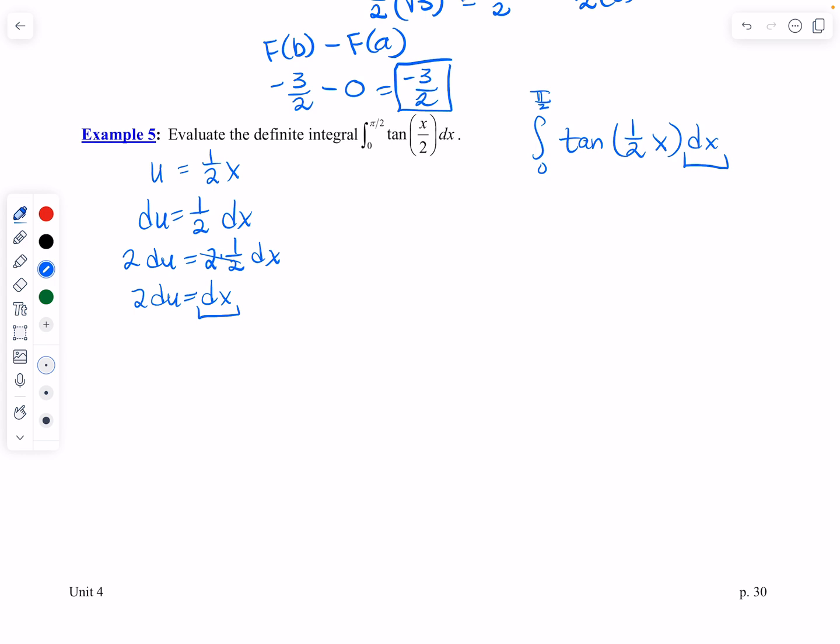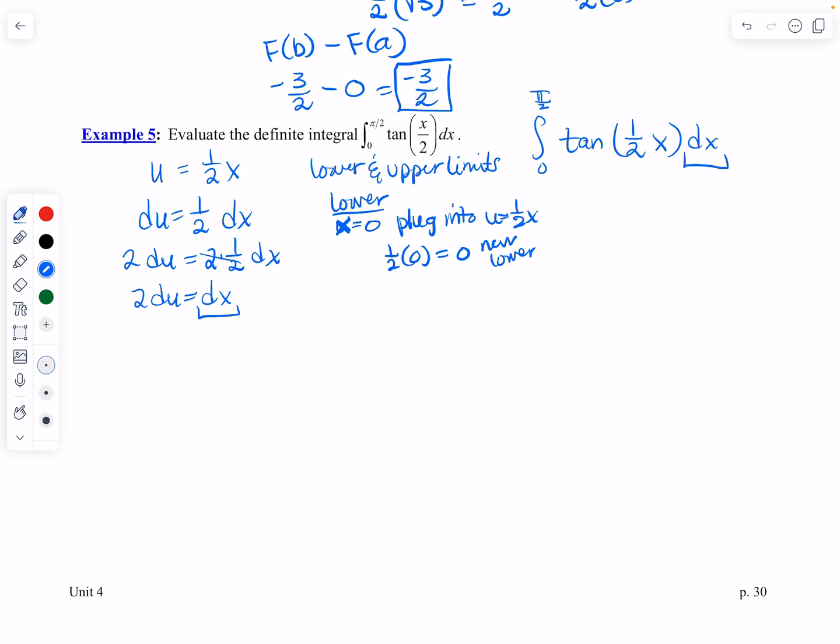Now I have to do the lower and upper limits. So let's do the lower one first. x equals 0. So I'm going to plug that into u equals 1/2 x. So 1/2 times 0 is 0. Okay, that's my new lower.